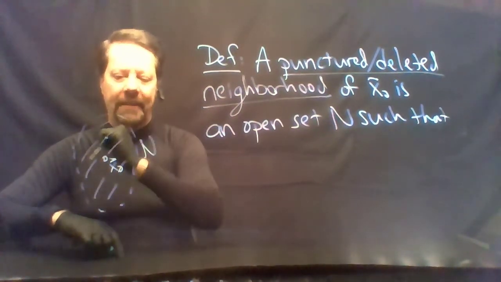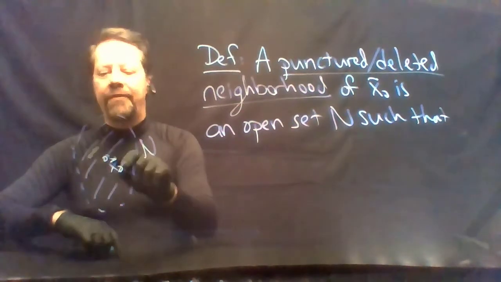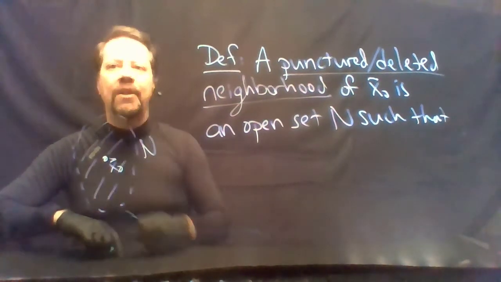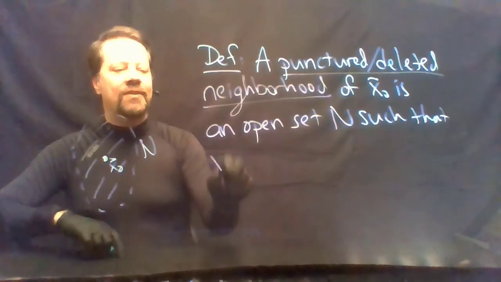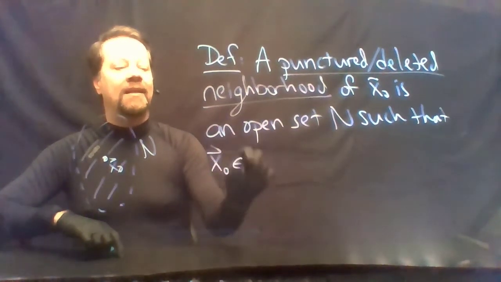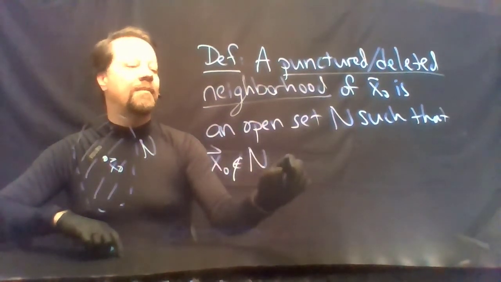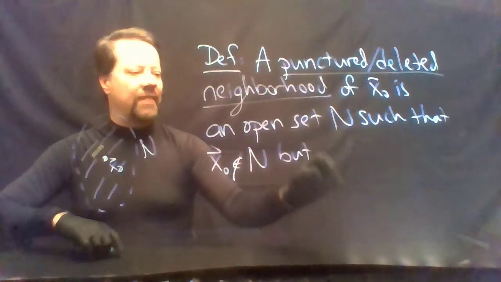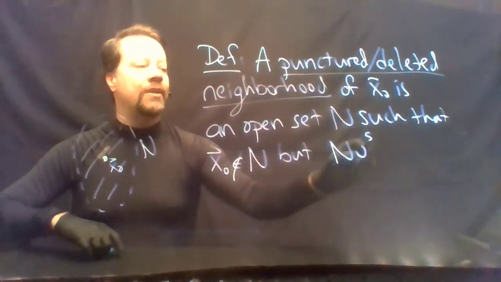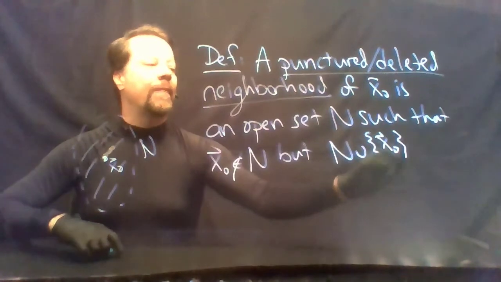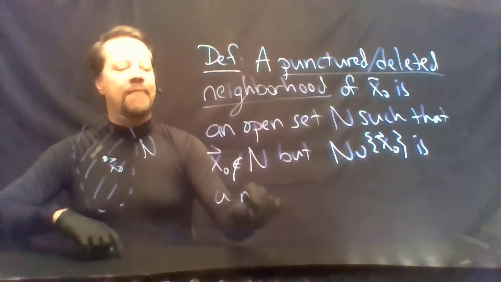We're taking an ice pick and poking that out. But if you were to throw that point back in, you would end up with a neighborhood. So first of all, we want x naught to be not an element of N. But if you take N and union to that the point x naught, you get a neighborhood.